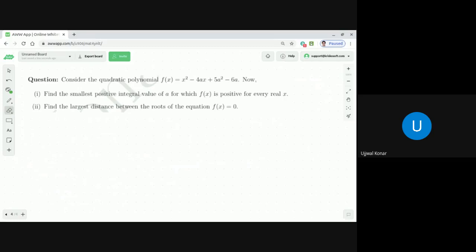And the second one is to find the largest distance between the roots of the equation f(x) equal to 0. So f(x) equal to 0 is an equation, so two roots will be there. What is the largest distance between the roots of this? Means if you keep these roots on the real number line, what is the distance between them?